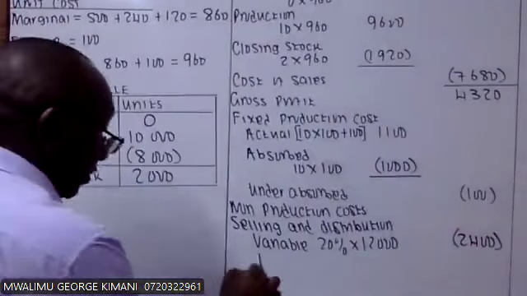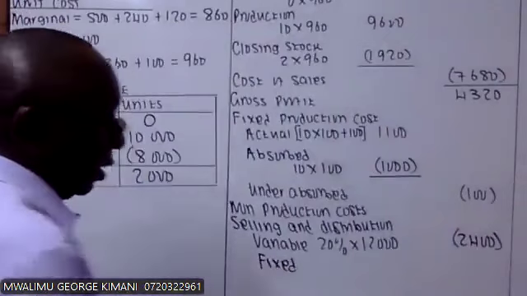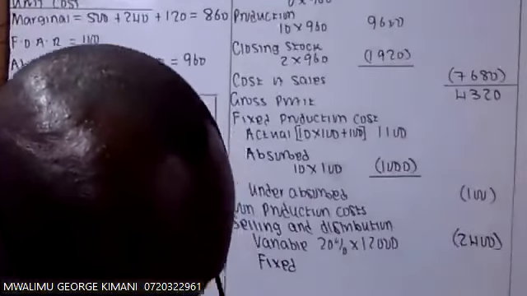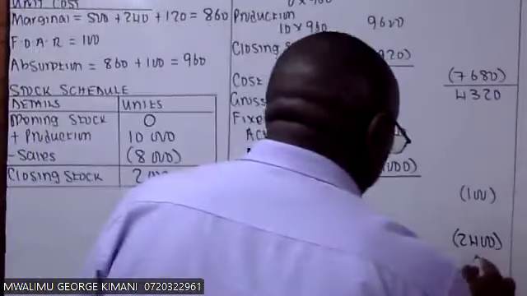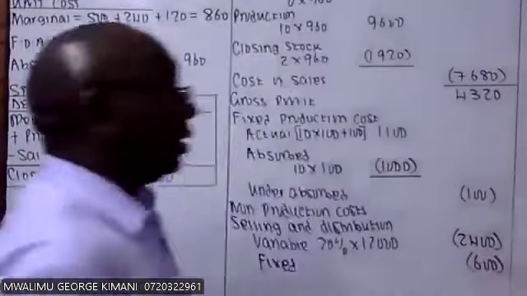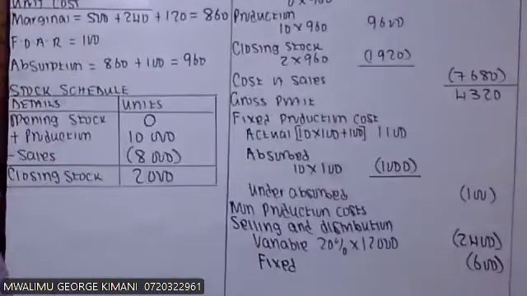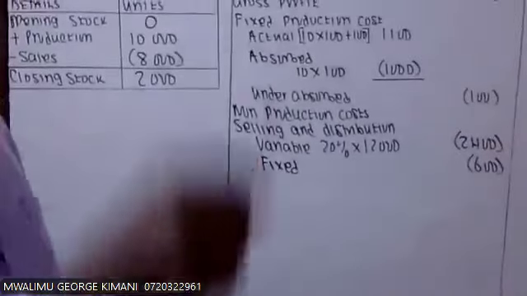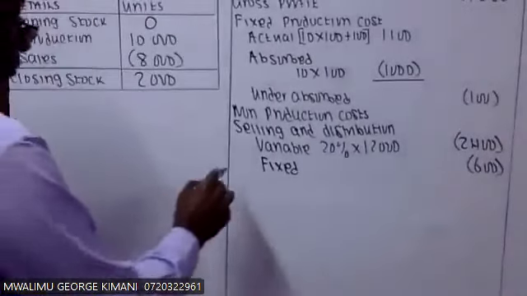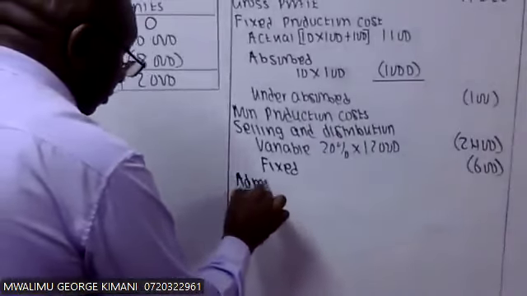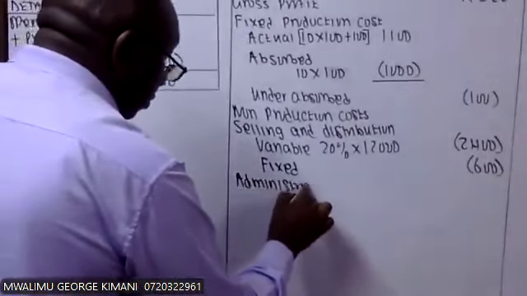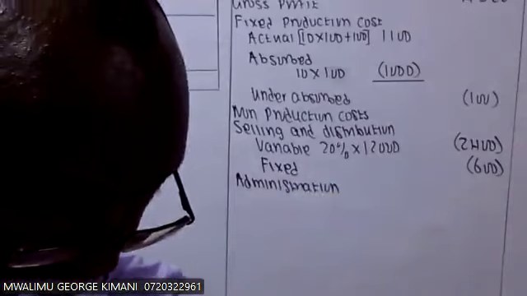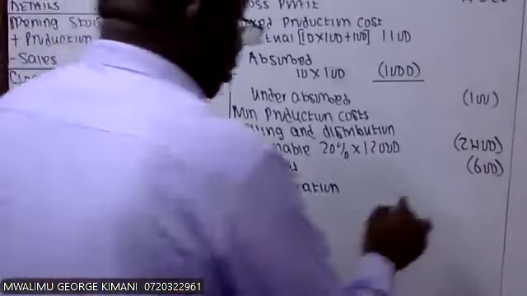Then we have the fixed. Now the fixed, we are told is 600. Then we have the administration. Administration, we don't have the variable, we only have the fixed, 1,000.